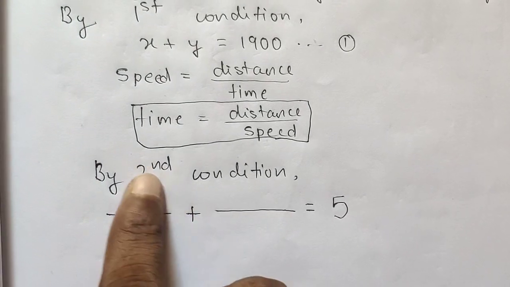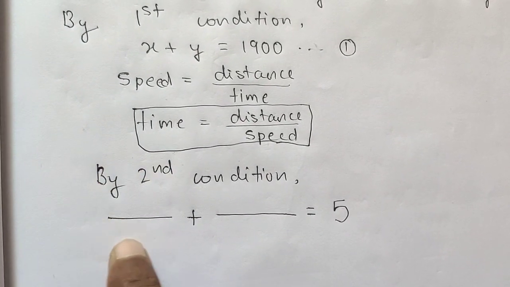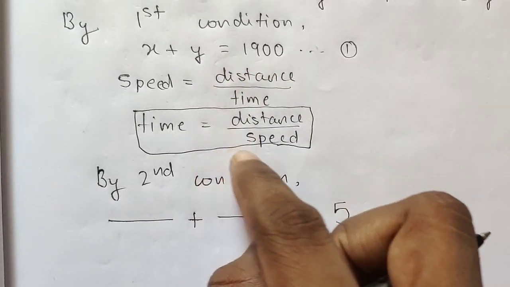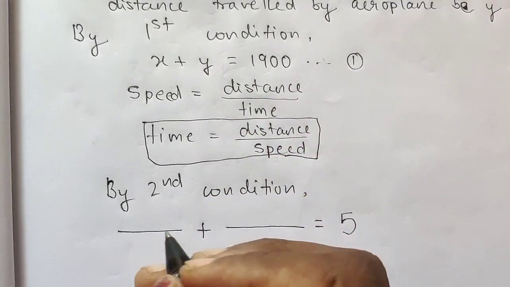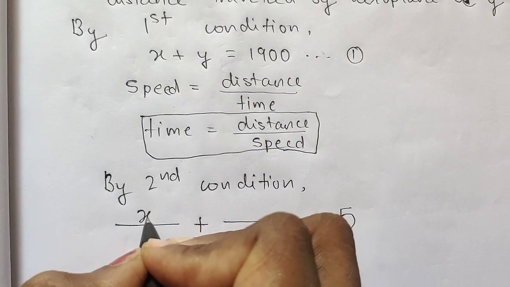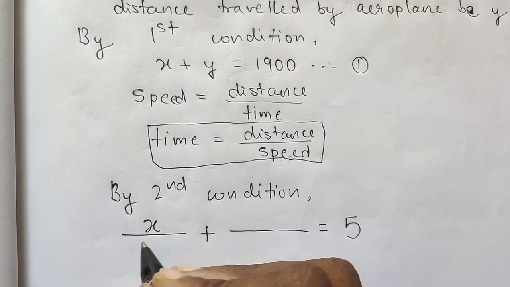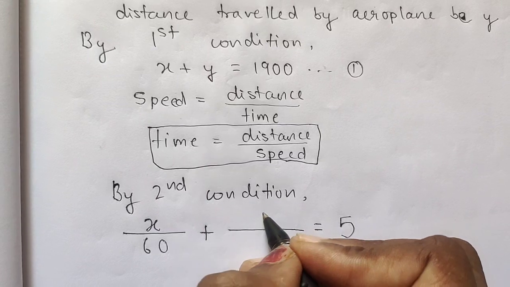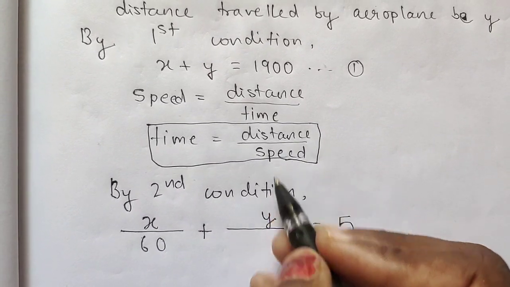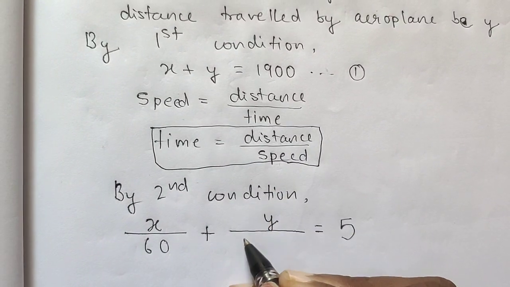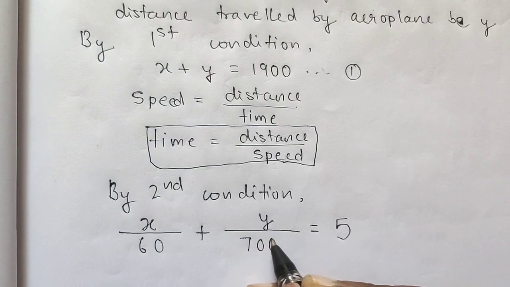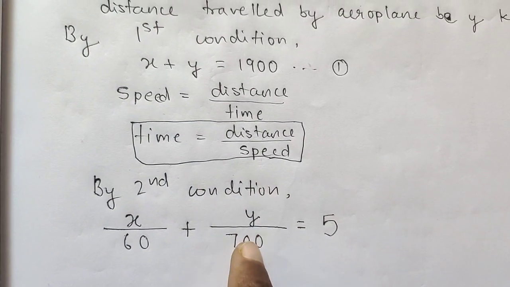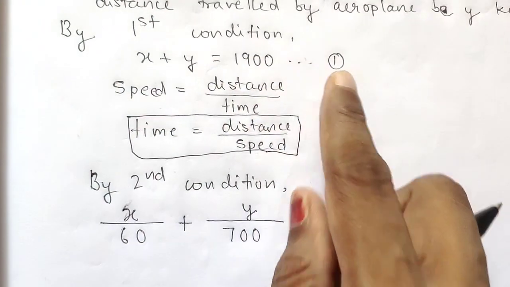Now we want to find out how much time is taken by bus. See, we are going to use this formula. For bus, your distance is x and speed is what? 60. And for aeroplane, your distance is y and your speed is 700.